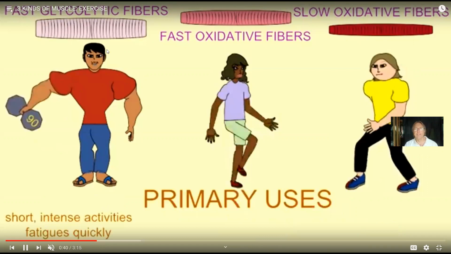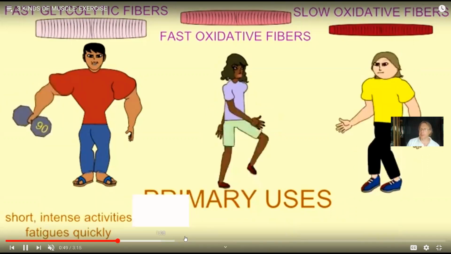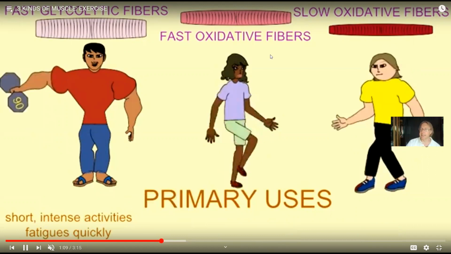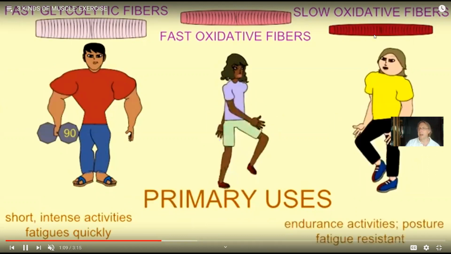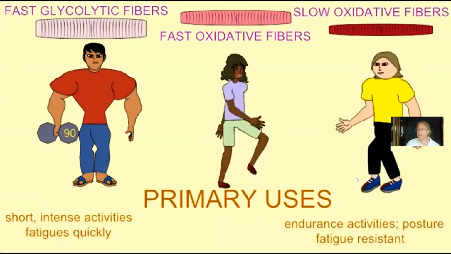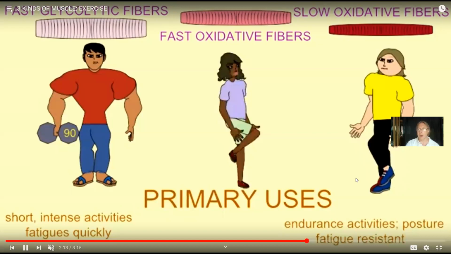Our fast glycolytic fibers give us short, intense bursts of activity. Once again, you're sprinting, you're lifting something heavy, but these fatigue easily. These slow oxidative fibers, this is what we use for endurance activities, like walking or just maintaining posture.